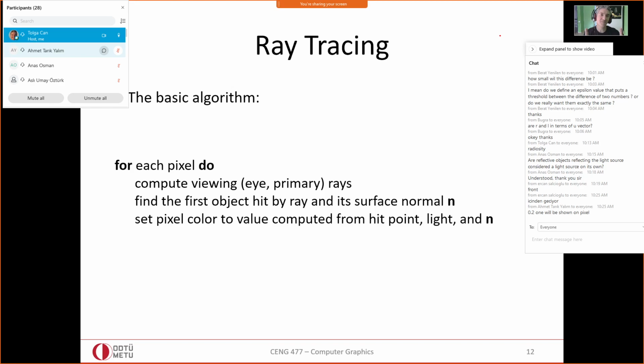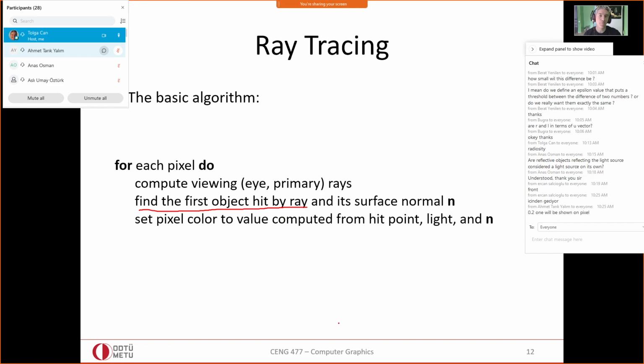When we have 1 million pixels, we will have 1 million different ray equations. The common point of all those rays is E, but the second endpoints are pixel centers, which may be different. And after we compute the ray, we intersect this ray one by one with all of the objects in our scene and find the first object hit by the ray. The first object is important because we'll assume none of the objects are transparent.